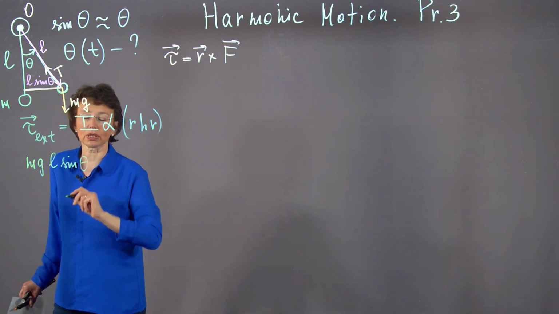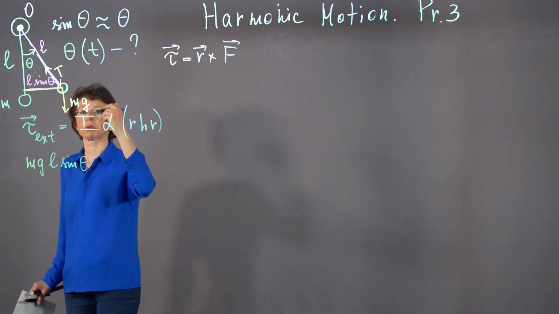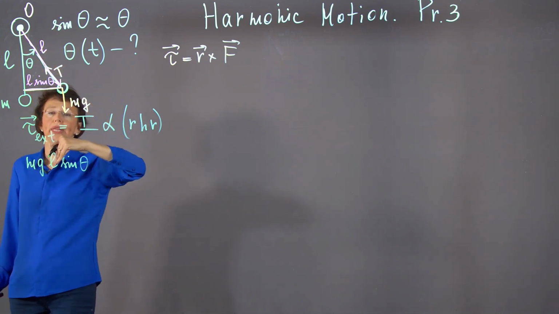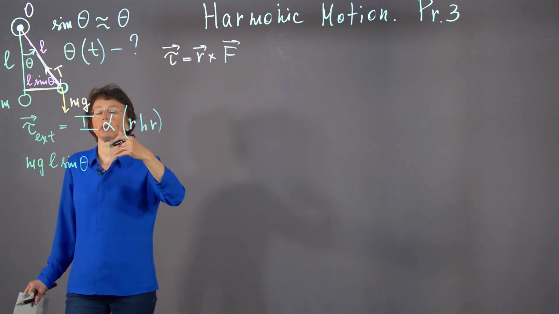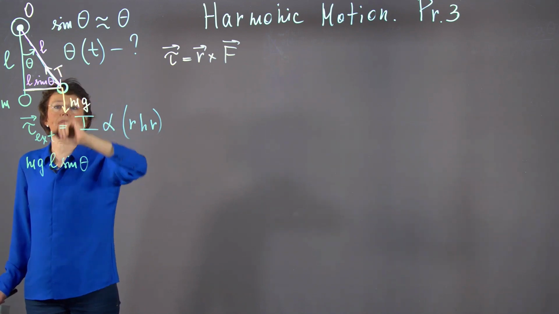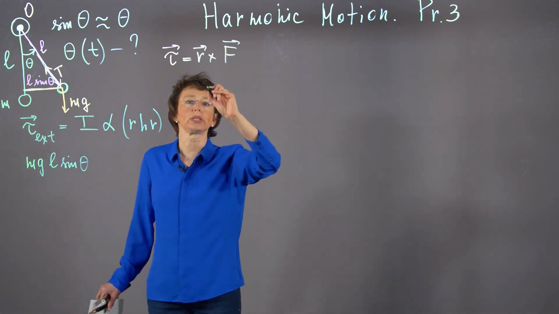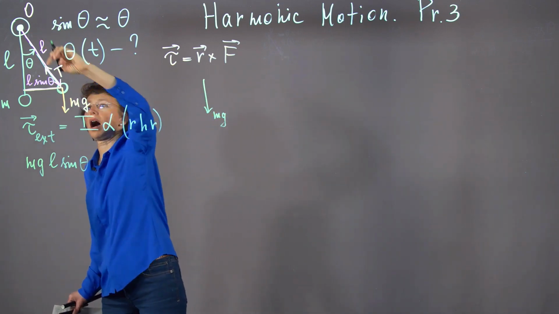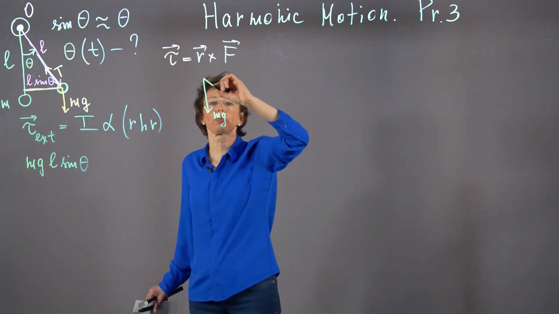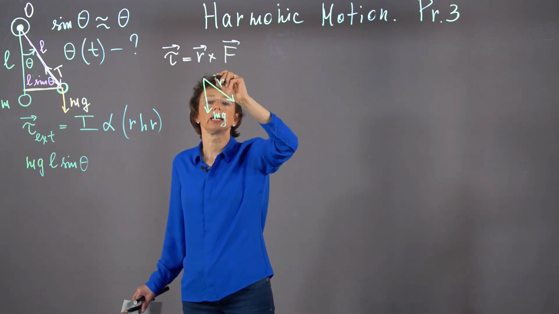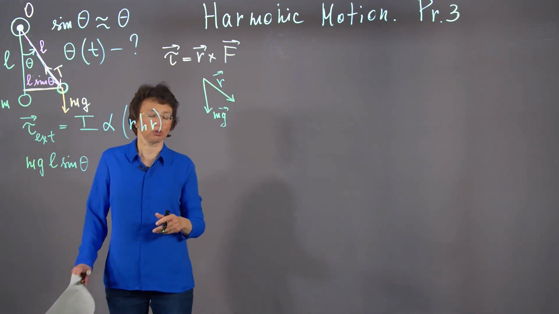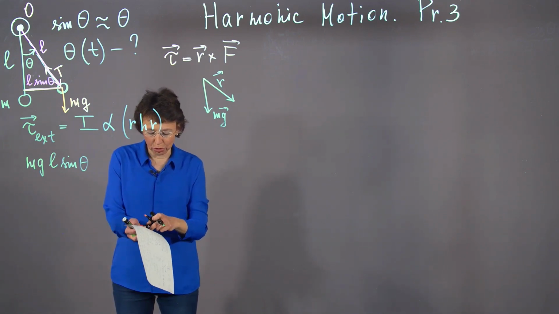Now I need to figure out the direction. I need to know, is the projection of torque on my axis positive or negative? And to do it, as always, I will start force and R from the same point. Force is vertically down. I start R from the same point. This is R, and now I need to figure out the cross product R cross mg. So you use your right hand.